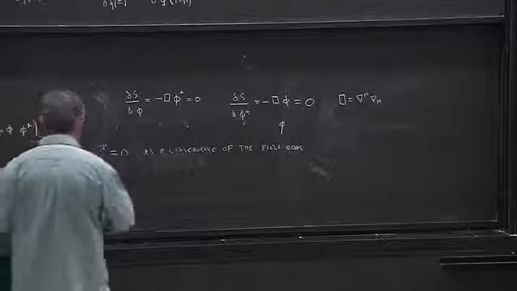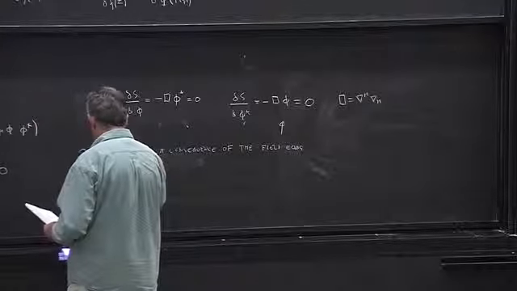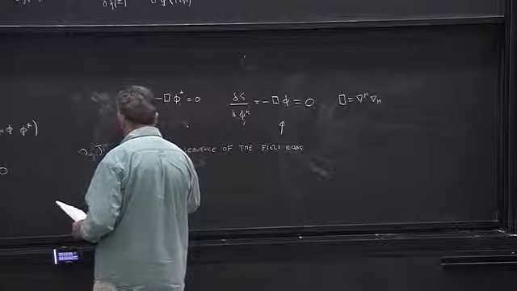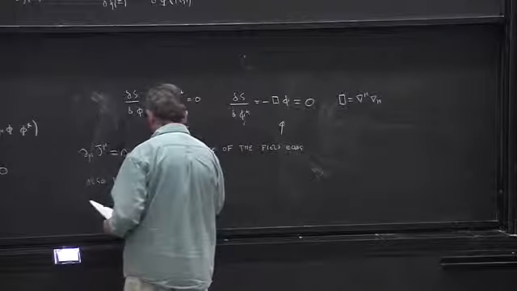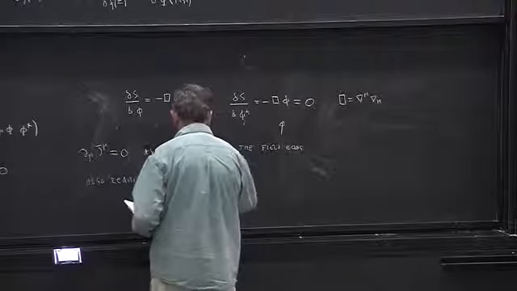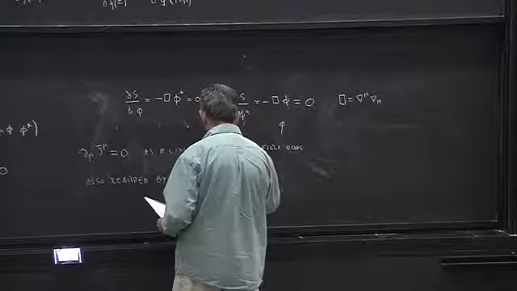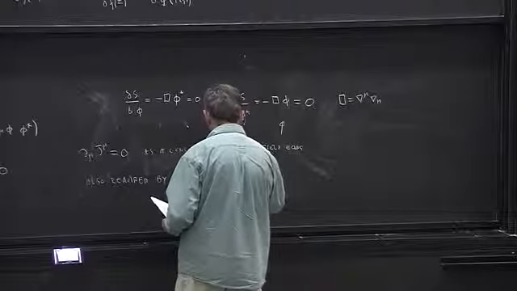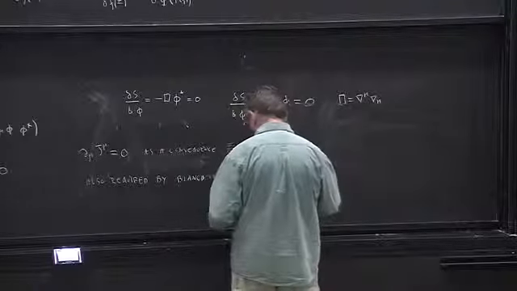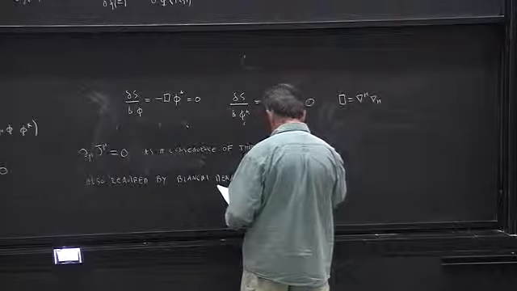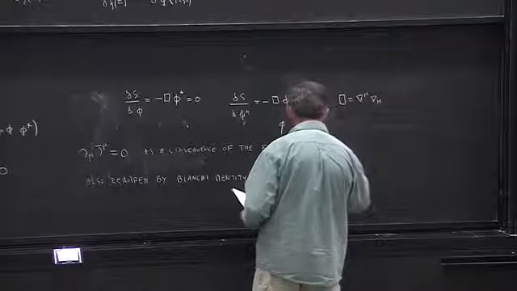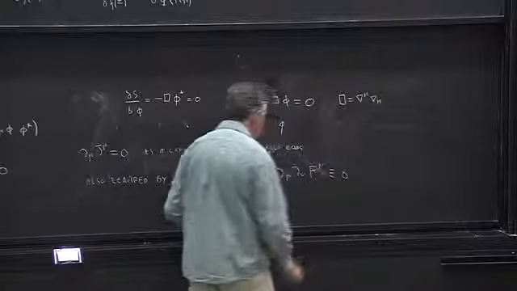But that's also required by the Bianchi identity, which said, if you remember, d mu d nu F mu nu is identically equal to 0.